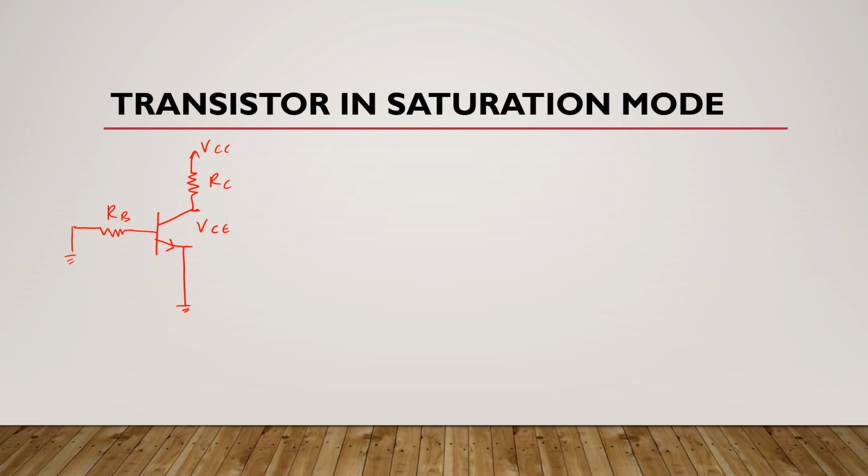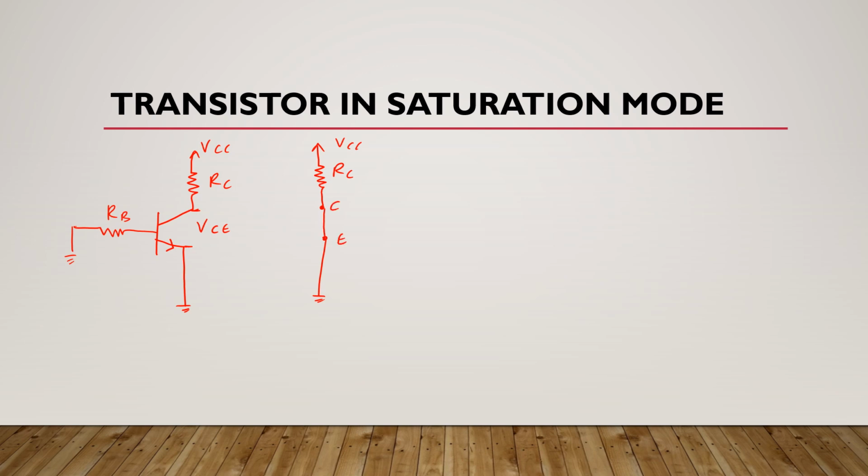Now if we draw its equivalent switch, it is like this. We know that in saturation mode, both collector base and emitter base junctions are forward biased. It means there is a short between emitter and collector ideally.